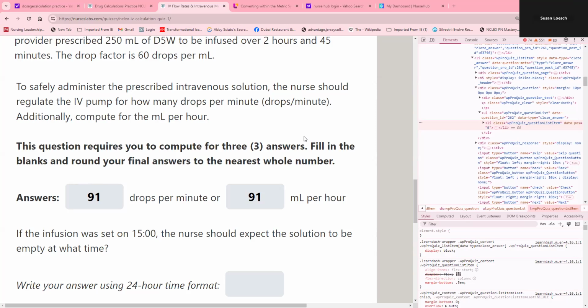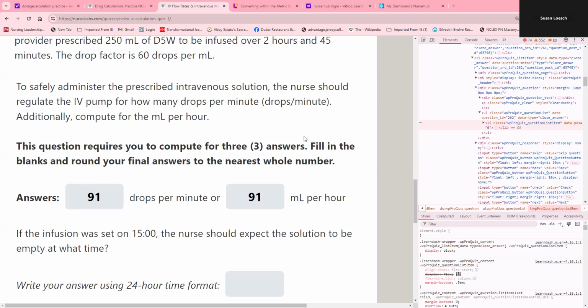So 250 divided by 91. All right, I get 44 minutes, almost 45 minutes that way.